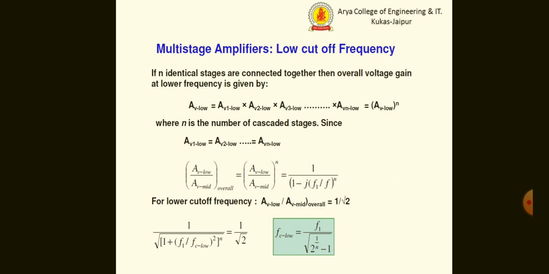Here we have shown that the total voltage gain is almost the product of the voltage gain provided by the individual stages, and we have derived the lower cutoff frequency.